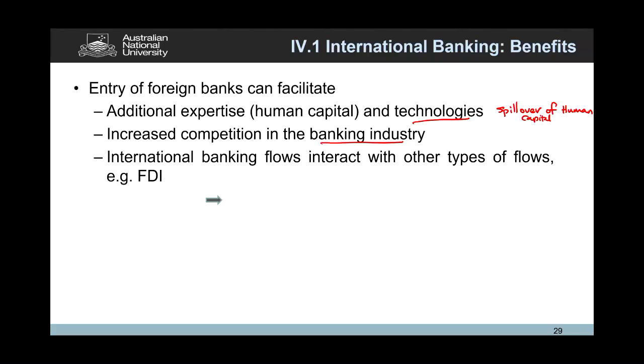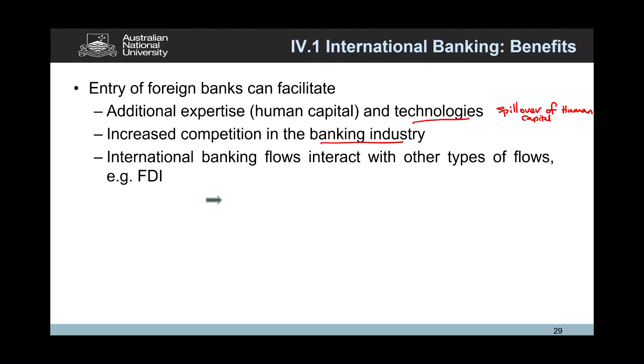So that's, in a way, really good for the local economy, right? If you have more competition, then the borrowing cost for the local borrowers may be lower because the banks are competing to give loans to people. So they cannot keep a higher rate. So that's the same thing as in more competition in, say, the supermarkets.